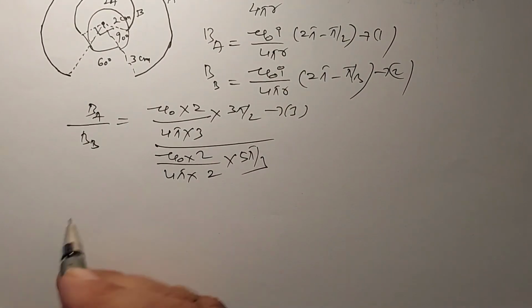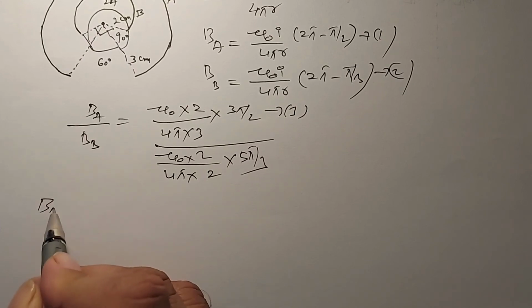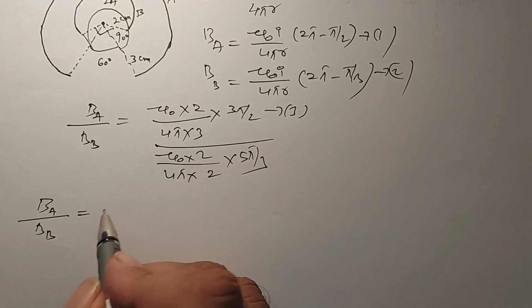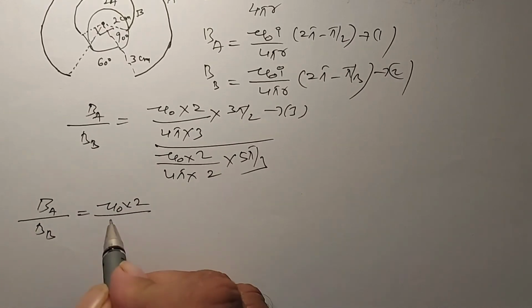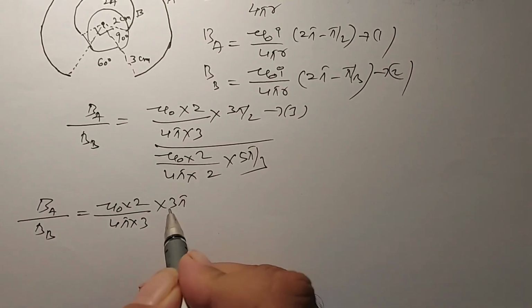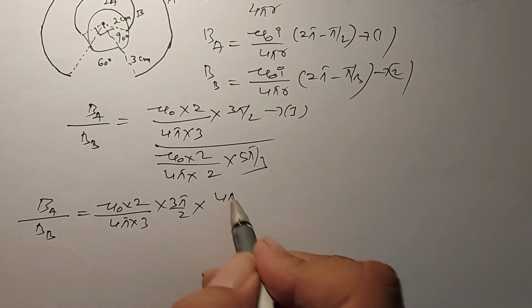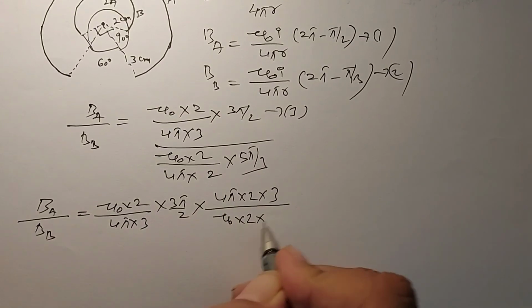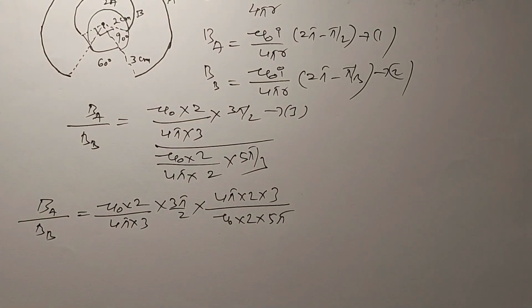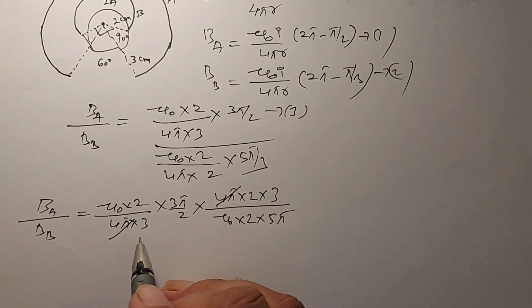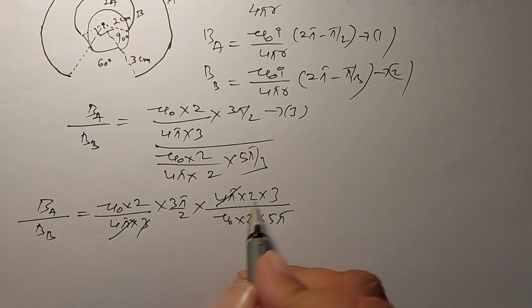Now the ratio of magnetic fields due to the bigger arc to the small arc is equal to mu naught into 2 into 4 pi into 3 into 3 pi by 2, divided by 4 pi into 2 into 3, mu naught into 2 into 5 pi. So what terms are cancelled? Let us check. 4 pi cancels. This 3, this 3 cancel.